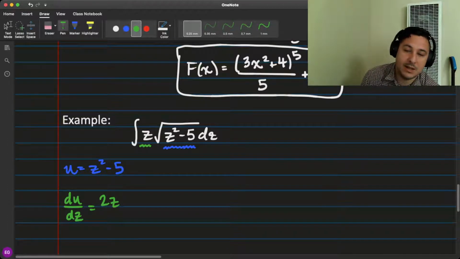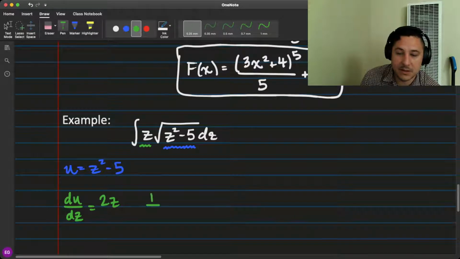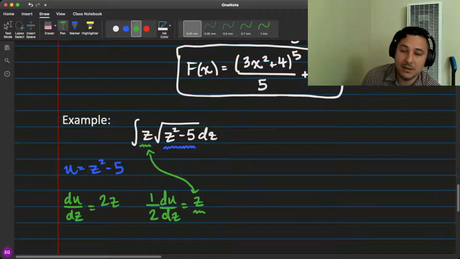You look at this, you're like, I have z here, but this is 2z. You can actually just rearrange some of this stuff. So let's divide both sides by 2, and you'll get 1/2 of du dz equals z. And you're like, oh yay, this now matches with that. And actually, you could rearrange this a little more.